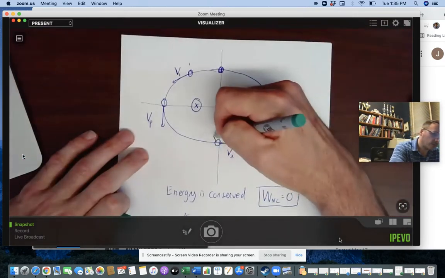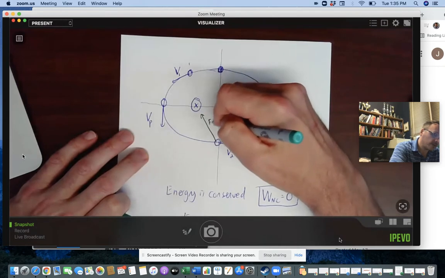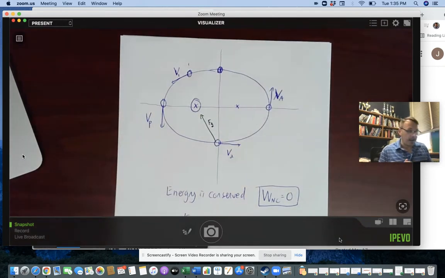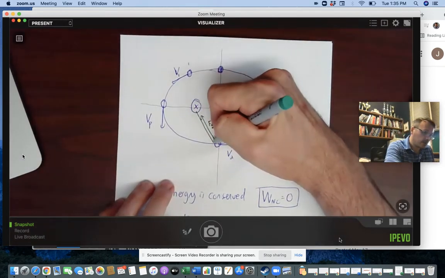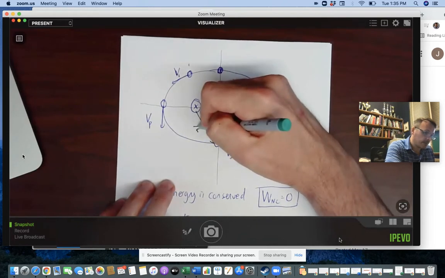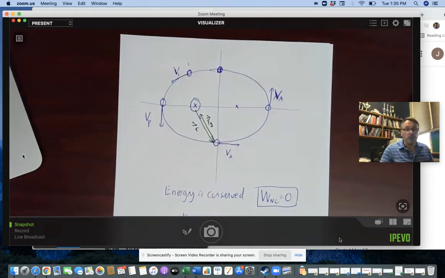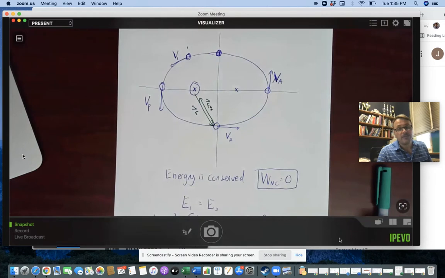If I look at the force of gravity here, Fg, and I look at that radial position, there's my R vector, there's my Fg vector. You will note that the R vector and the Fg vector are anti-parallel to each other, meaning that the angle they form, if drawn concurrently, is going to be 180 degrees. And that's going to have a consequence.